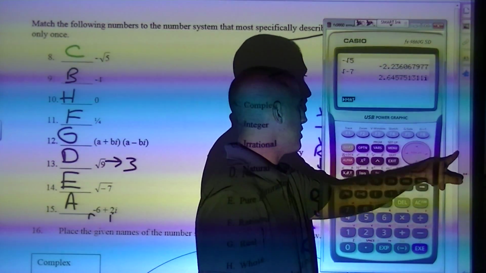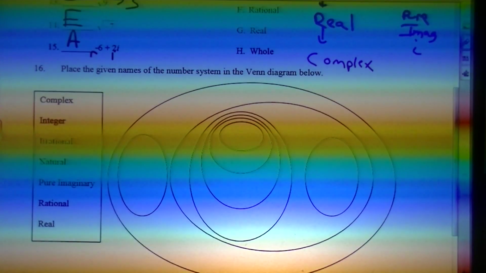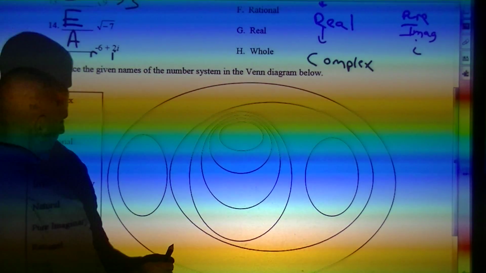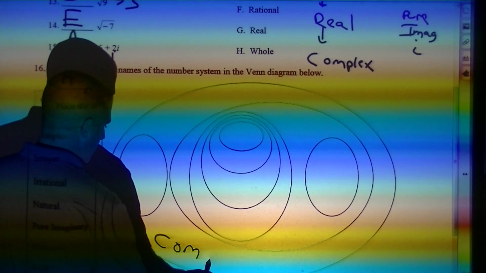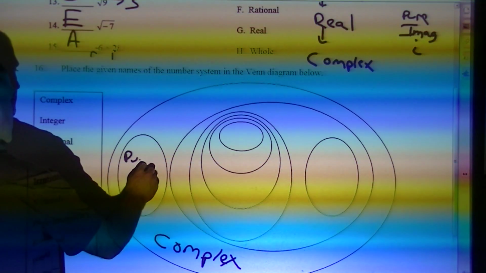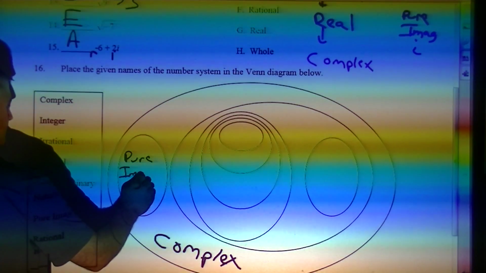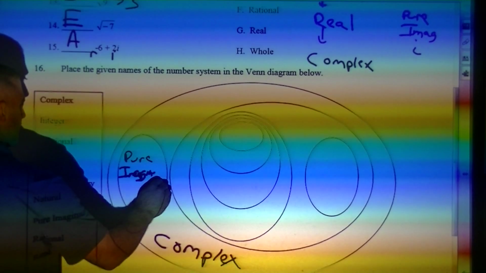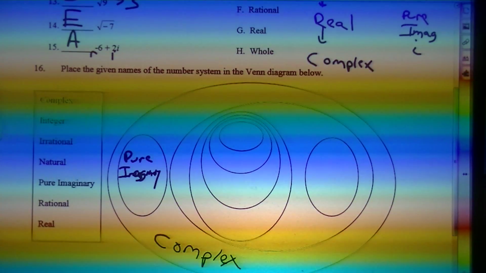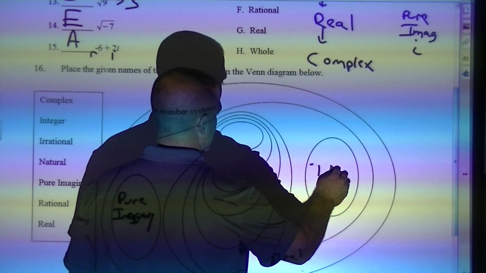Now, this picture will help you over here. So what I have here is this is complex. If you're working backwards, this is the pure imaginary, because it stands by itself. Imaginary. Now, this is going to be real numbers and irrational numbers.